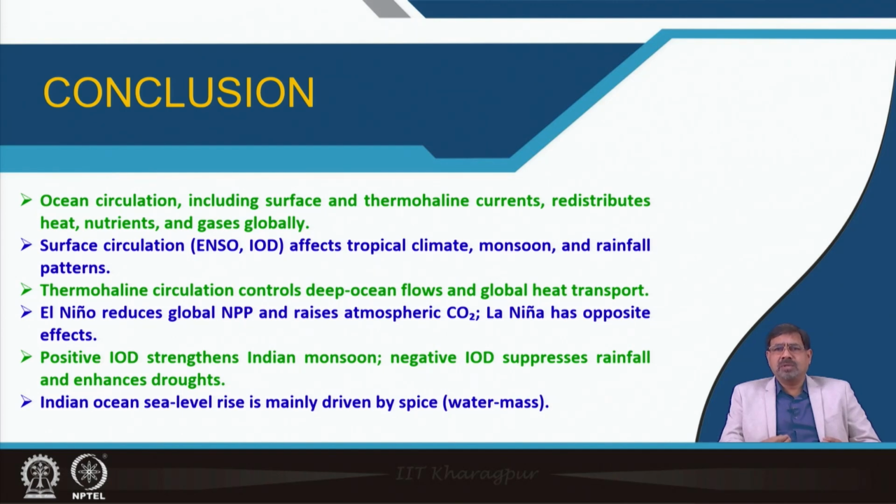With respect to the tripartite curve relationship, we understood the impact of ENSO in terms of reduction in the soil moisture, leading to less withdrawal of carbon dioxide from the atmosphere because there will be less NPP. So, less withdrawal of CO2 is our important point here. This is one of the dominant greenhouse gases. That is how things are linked. I think with this we got a good understanding of ocean circulation's contribution to changing climate or climate change.